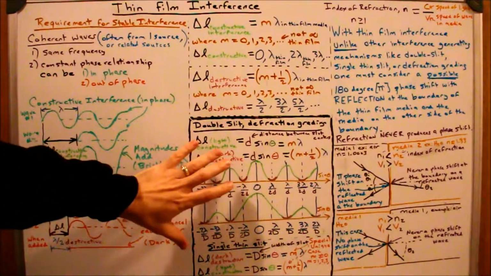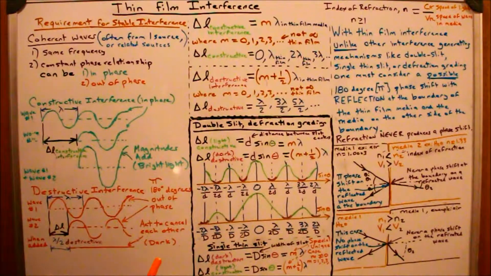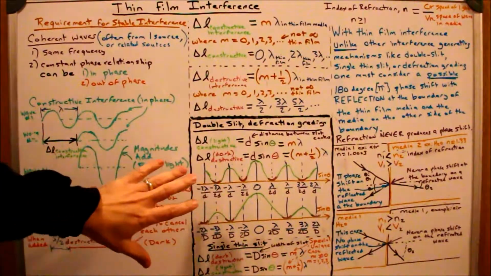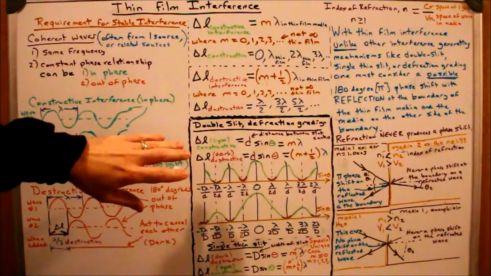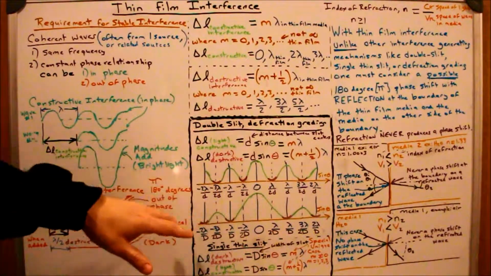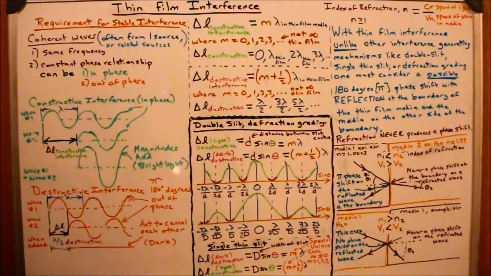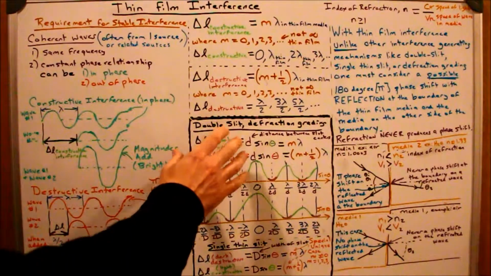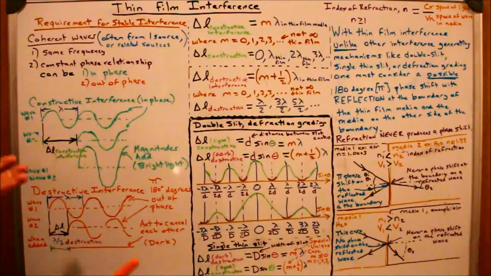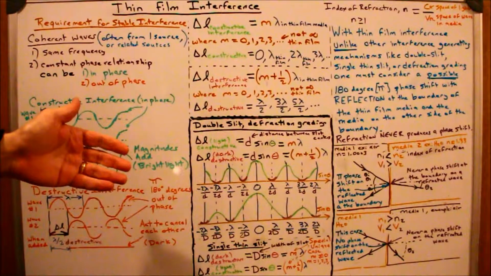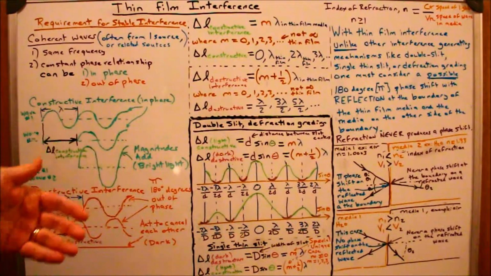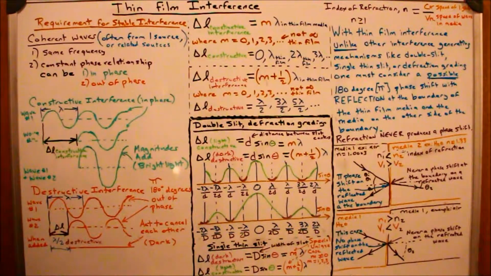Just as a quick review, to understand some other mechanisms that create interference, the double slit diffraction grating is another mechanism besides the thin film that can create a constructive or destructive interference pattern.